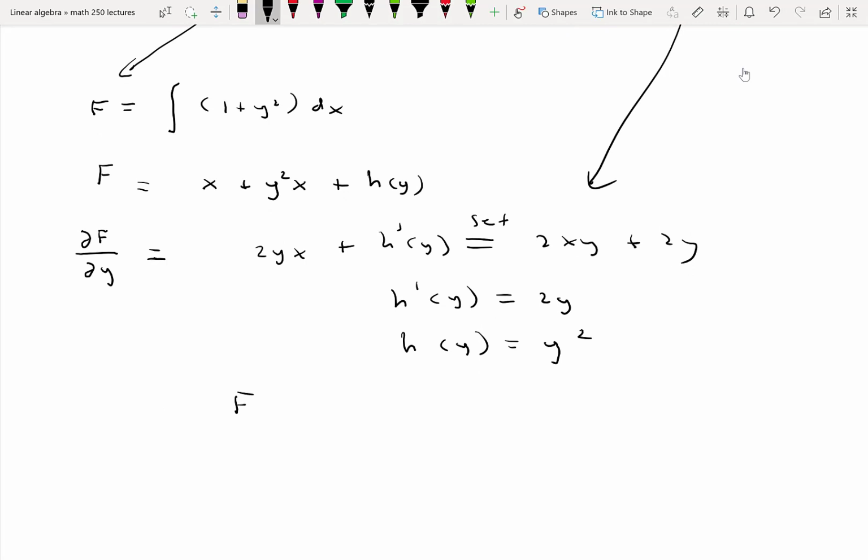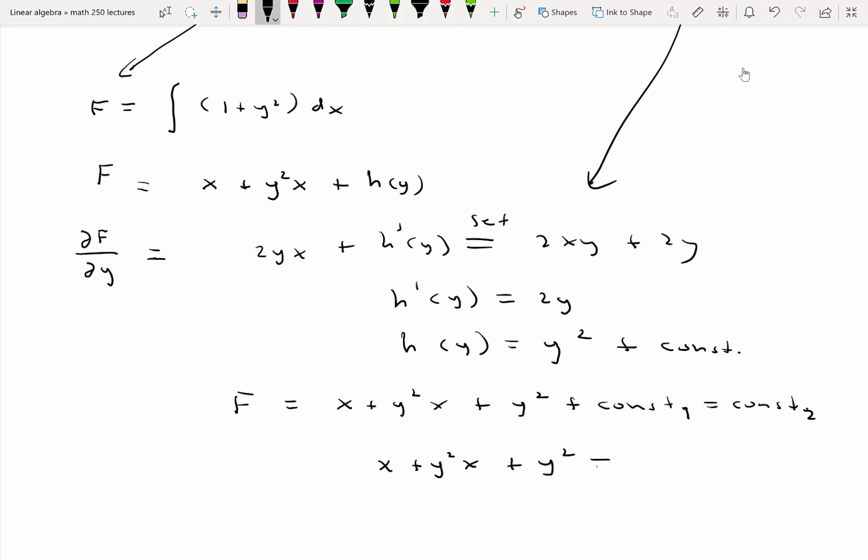So the function f equals x + y²x + y² plus a constant, which equals another constant. Combine the two constants, and the solution is x + y²x + y² = C. Okay, and that's your solution.